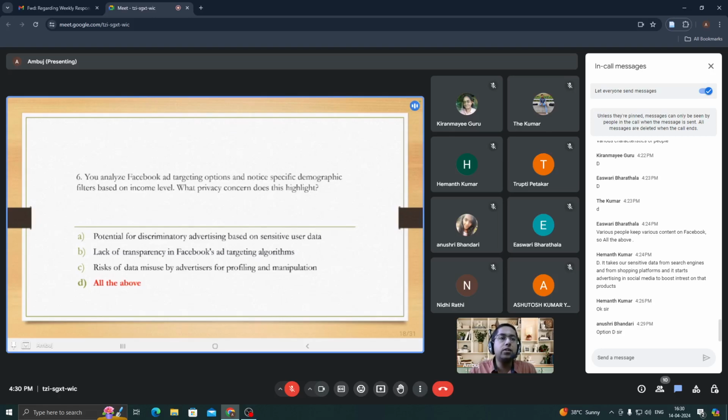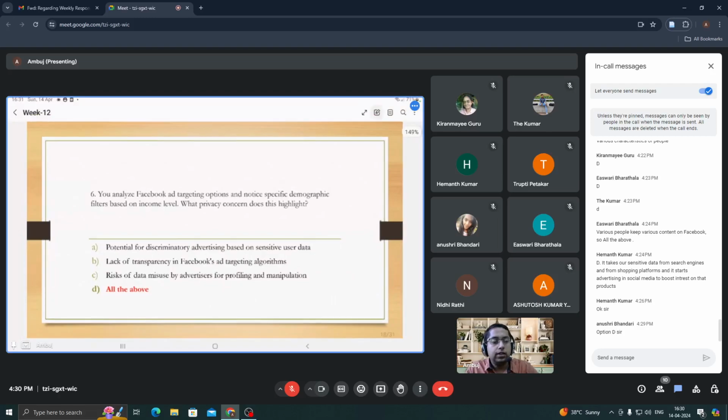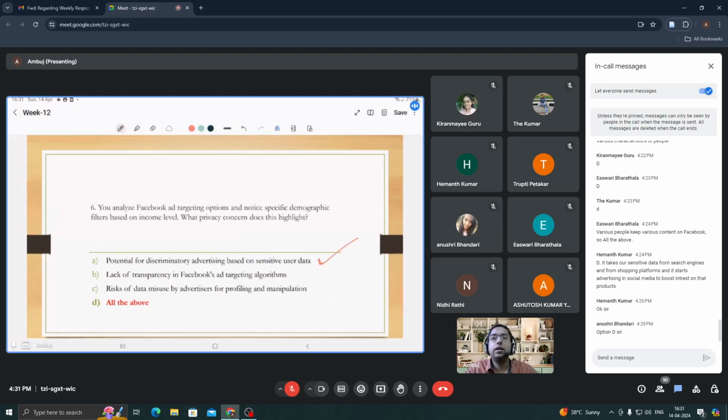Which sensitive user data are we talking about? We are talking about this demographic filter only. We have put some filter regarding population statistics, and this is the only concern. So potential for discriminatory advertising based on sensitive user data, definitely it would be a correct option. Definitely option A would be correct.